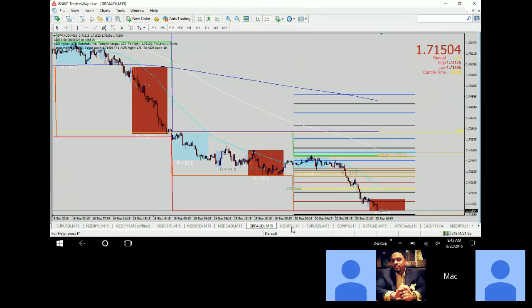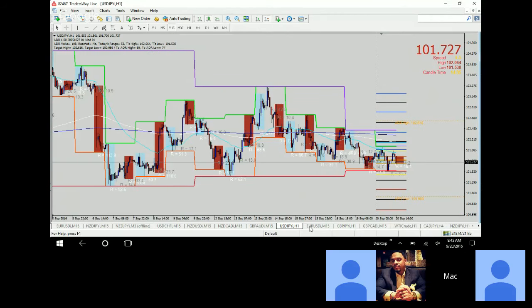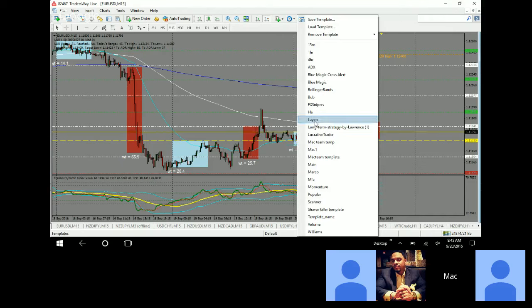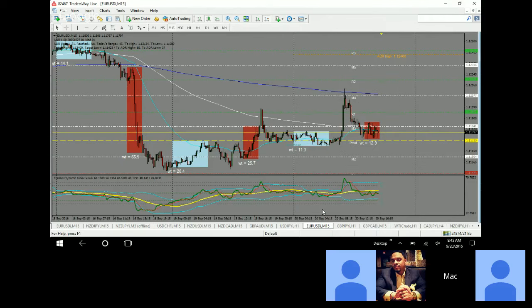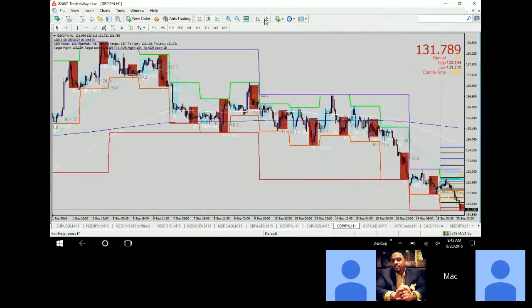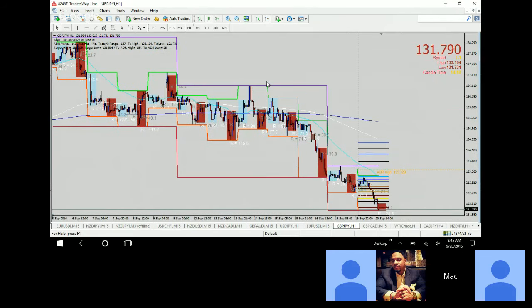As of right now, it looks like I'm still going to be looking at USD CAD and Euro AUD, because there's still room in there for us to make some money, just depending on what the pairs are going to do. Just have to be patient with it. You see, everything's trending down.